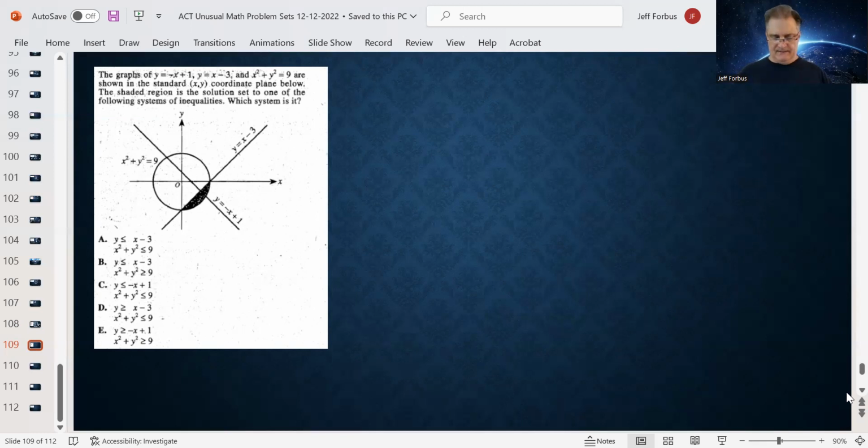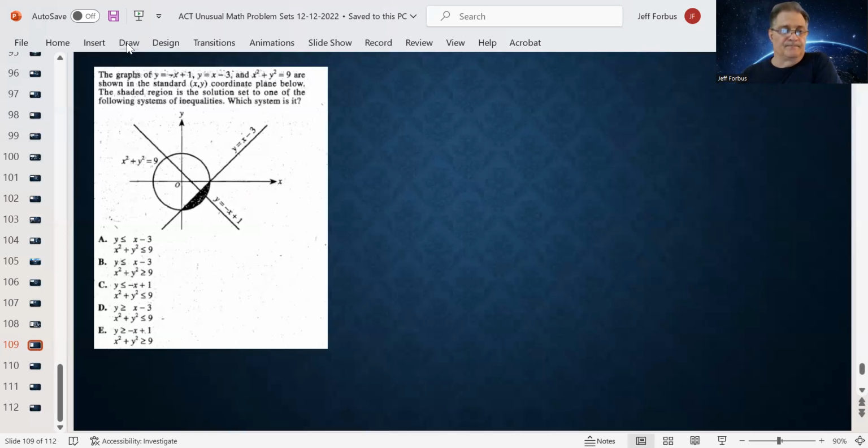Which system is it? All right, so notice that for the line y equals x minus 3, everything is shaded below that line. Not partially, but everything. So we're going to focus on that particular line. Now it's bounded by the circle, x squared plus y squared is equal to 9.